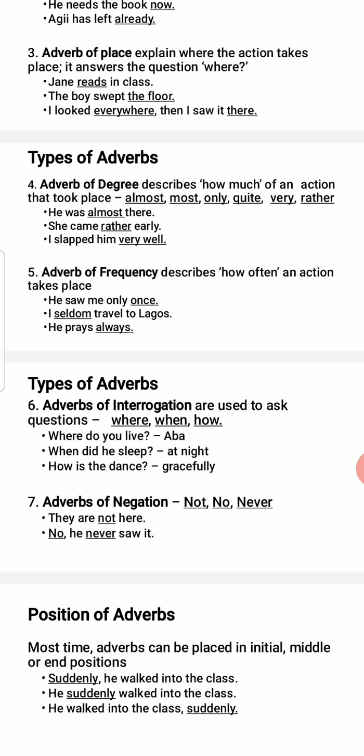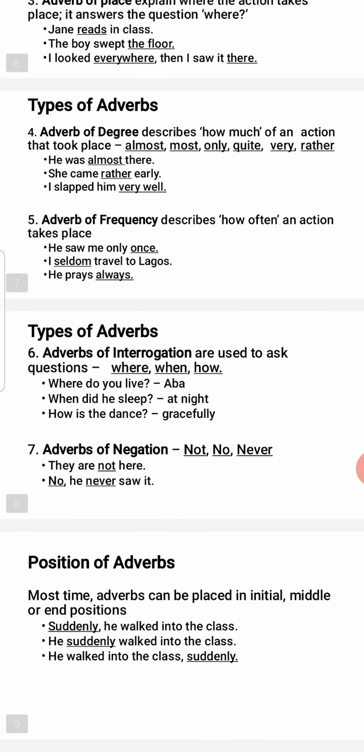And in the sentence we have, he was almost there. The sentence didn't tell us how many kilometers or how many poles away. It said almost. He was nearly there. He came rather early. So rather is modifying early.